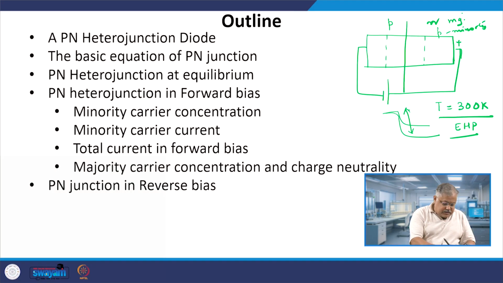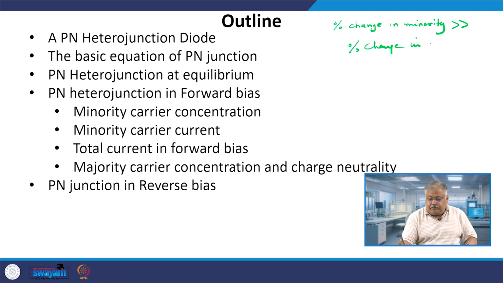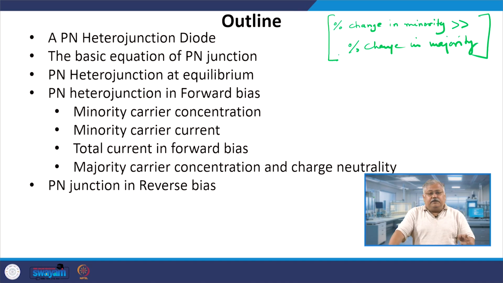To revisit and explain, the percentage change in minority is much larger than the percentage change in majority. The very fact that minority is very small in number is the reason this statement holds good, and that happens even in a heterojunction when you are fabricating one. That is the reason I say that the minority carrier concentration, and the current because of it, has to be studied at some point.